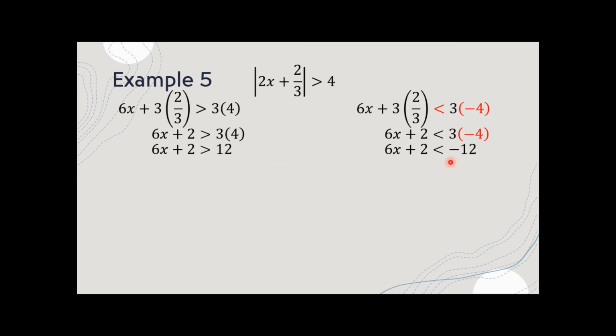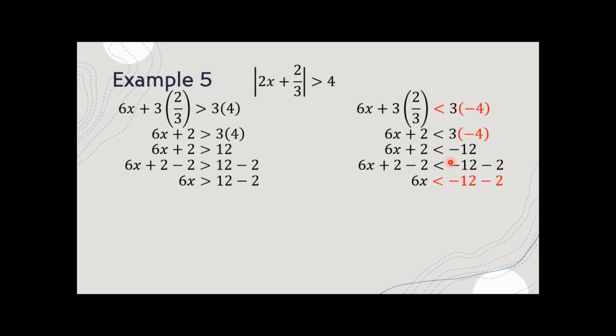Now we're at the stage where we can just simplify and solve. So we're going to subtract the 2 from everything. And if you're saying this is already starting to look like a fraction, at least on one of them, well, you would be right. So if 6x is bigger than 12 minus 2, and 6x is also less than negative 12 minus 2, 6x is bigger than 10. 6x is less than negative 14.